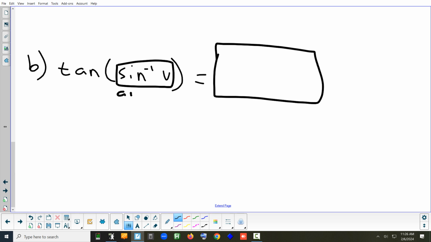So I don't know what angle this is going to be, but I know that the inverse sine is going to come out to an angle. So let's use theta as our Greek letter that it comes out to. Rewriting it so inverse sine is gone, what would be my new equation?